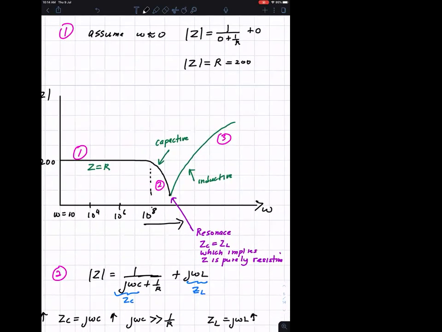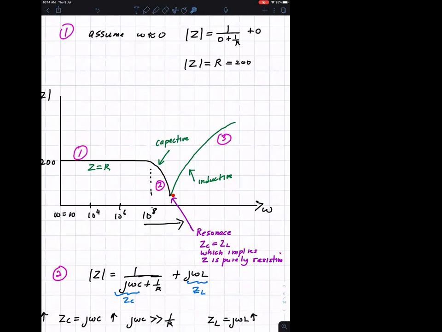First, we looked at the lower frequency range, and it's still a resistor with no frequency dependence. The frequency is not affecting it. But as the frequency increases, suddenly it dips, and then it stops.